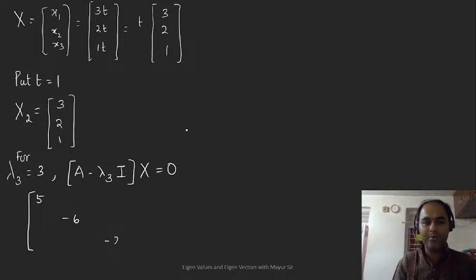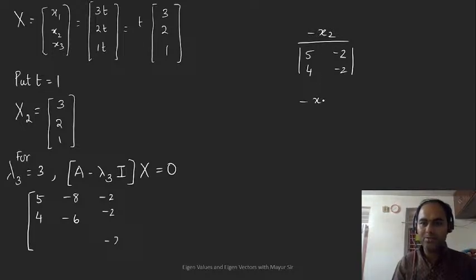X2, when you write, what do you get is 5 4, and here it is minus 8, and minus 2, minus 2, right? So when you have the minus x2 term, when you write, it is 5 4 minus 2 minus 2. So on this part it is minus x2 divided by minus 10, and then there is plus 8, right? So below for x2 it will give you minus x2 divided by minus 2, minus minus cancel, so x2 over 2 you will get.